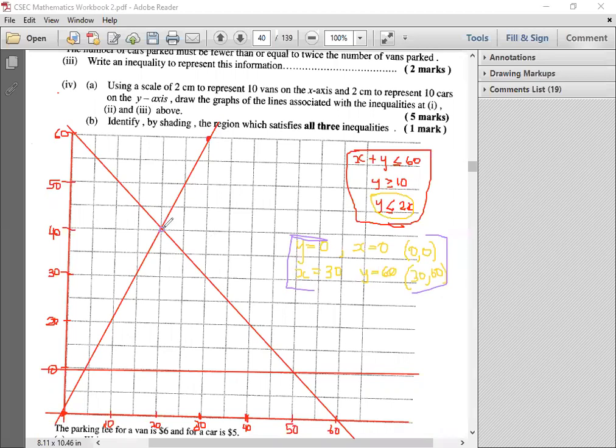Write down the coordinates of these three points. All right, everybody gets the coordinates.